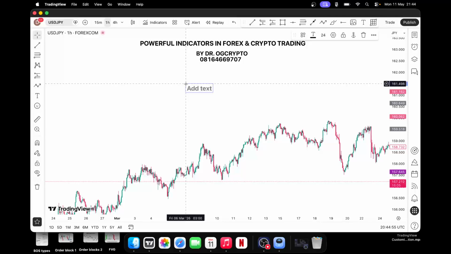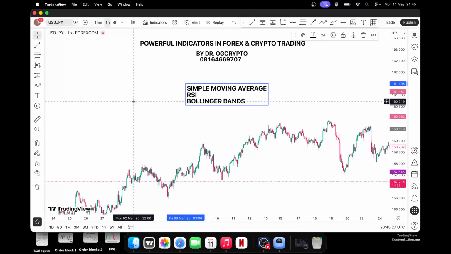We have the simple moving average indicator. There is also RSI, that's the relative strength index indicator, and you can go for the Bollinger Bands indicator. There are still a lot. There are volume indicators. There is the watermark we used the other time, if you want to add your name to your chart.